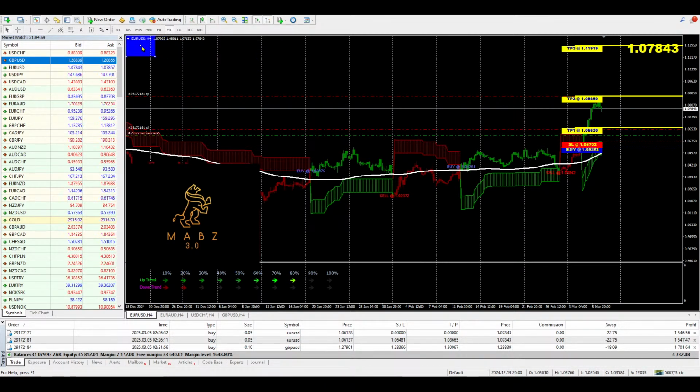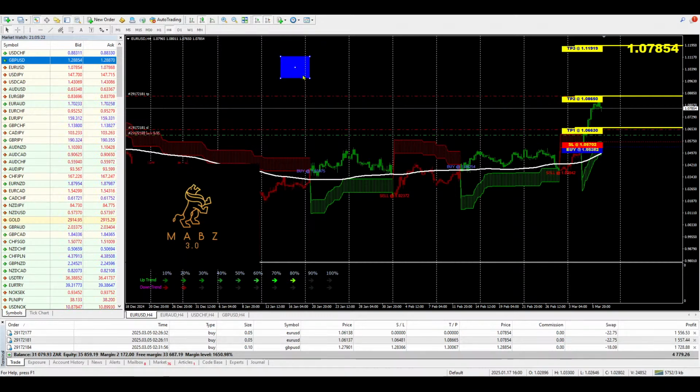On the top left of the screen, you can see the trading instrument that I'm on and the time frame. Right now what we're looking at is the Euro USD on the H4 chart. If you're ever confused about which chart we're looking at, it's written up here: the Euro USD and the time frame.